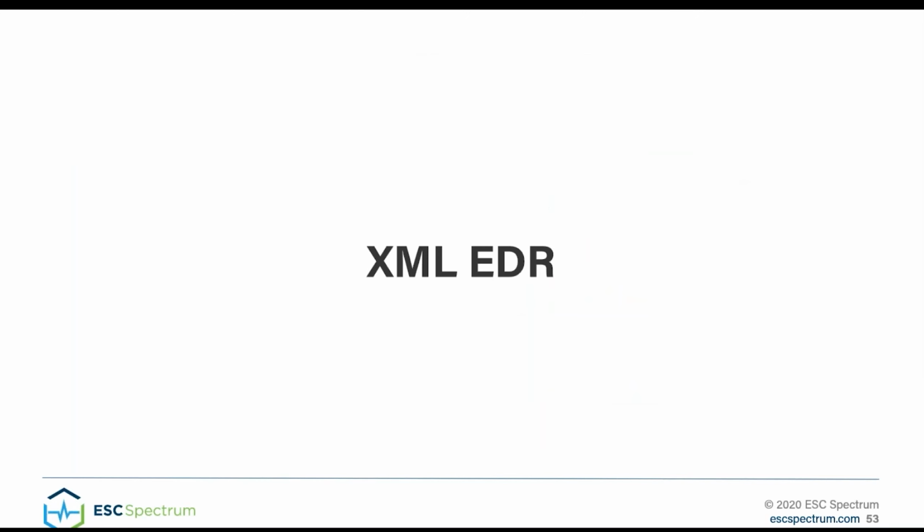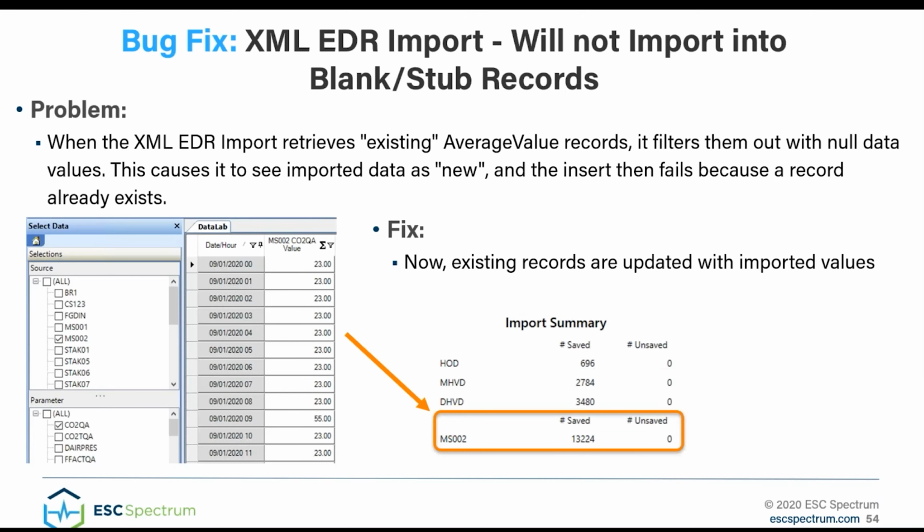XML EDR. XML EDR import will not import into blank stub records. The problem was that when the XML EDR import retrieved existing average value records, it filtered them out with null data values.